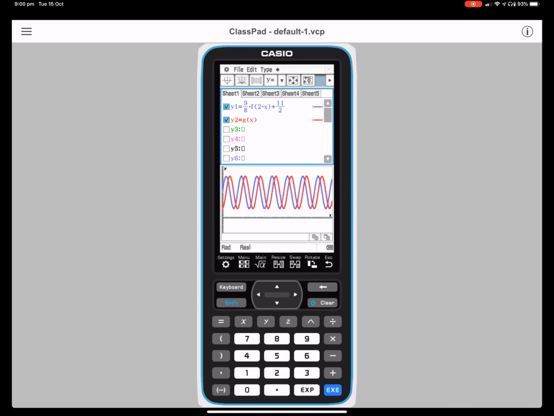And then let's try our dilation factor. Let's move it 2 to the right. 3. I don't think it's quite exact.